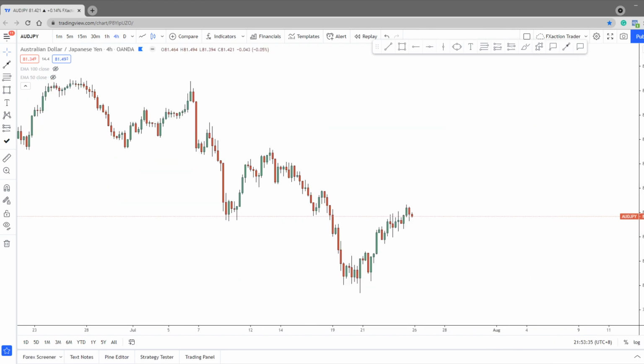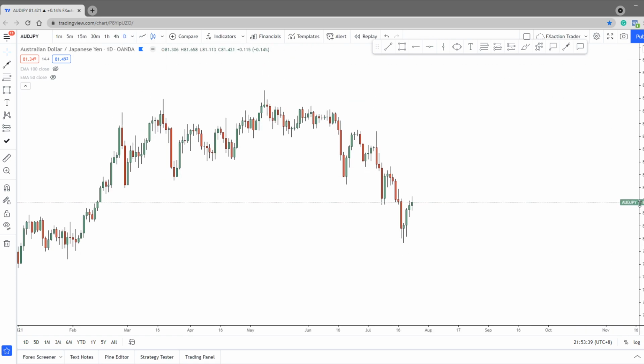Next we have AUD JPY. Just now we checked the Aussie dollar, and it is currently on a sell trend. On this Aussie yen, the same thing we can see on the daily chart: the market keeps creating lower low, lower high, lower low, lower high, followed by a new low last week.